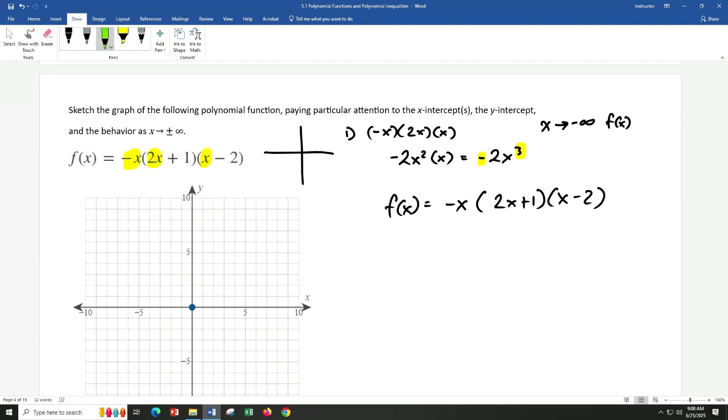No. We know the base graph of x cubed, and I'm going to do it in green so you can see what I'm talking about, would look like that, right? But ours doesn't look like that, does it? Ours is flipped. So let's do it in red. Ours is going to look like this. It goes this way and that way. Now that you have a quick sketch, we know this is positive infinity. We know this is negative infinity. So as x goes to negative infinity, where is it going?